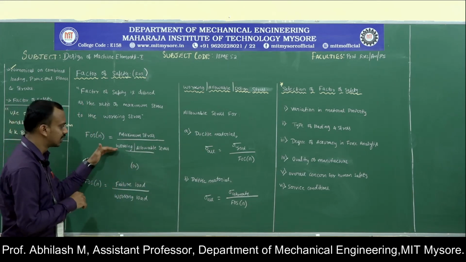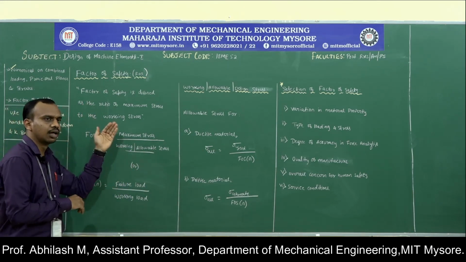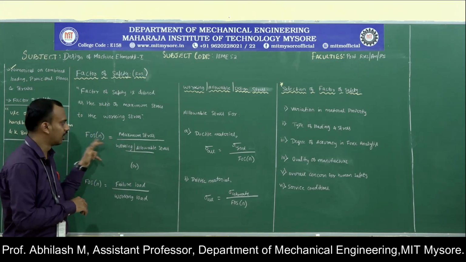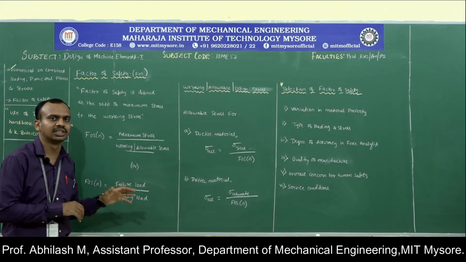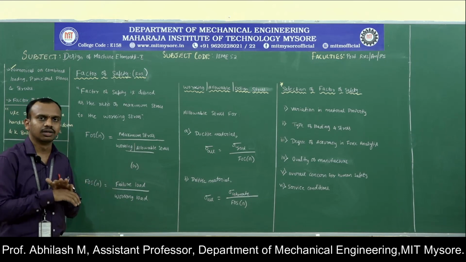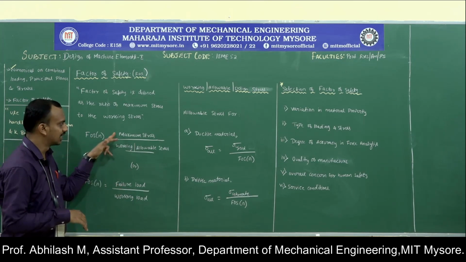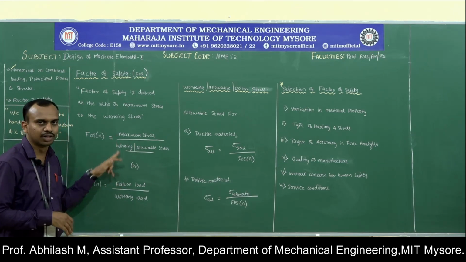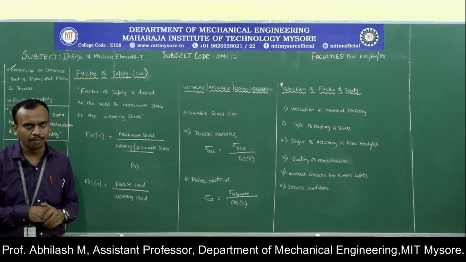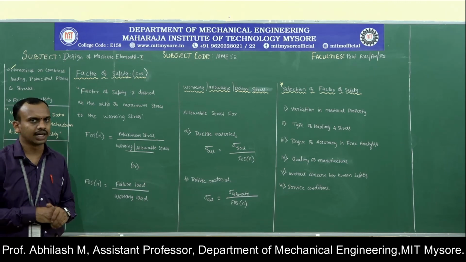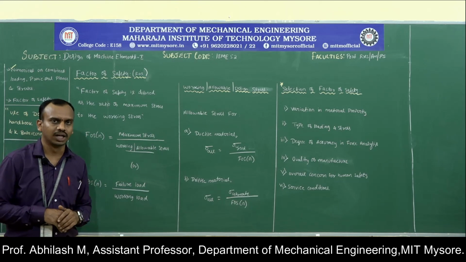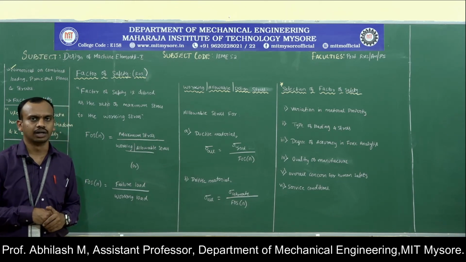If the allowable stress is higher compared to the maximum stress, the factor of safety value will be in terms of point something, which means the material is not safe, or the maximum stress itself is greater compared to the allowable stress, which will eventually lead to the failure of a component. Hence, ensure that the factor of safety value is always greater than 1 while designing any component.